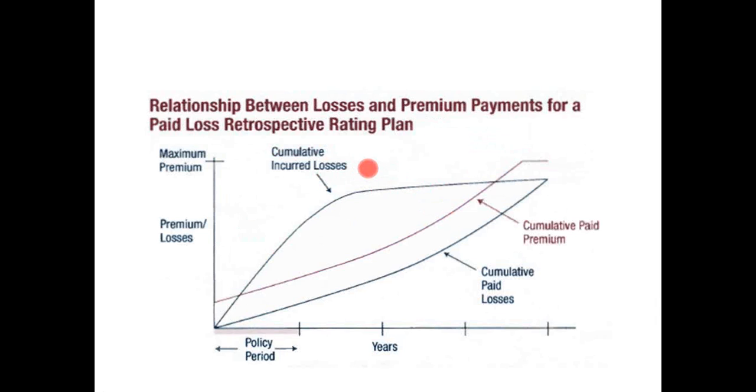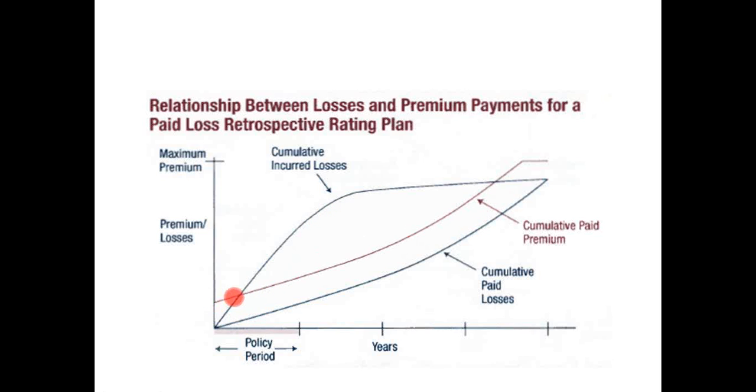Now here's one that's a paid loss program, and here it's a little different. Here is the cumulative paid losses, so this is what the insurance company pays. Now the incurred losses, this is the same chart. The reserves, with paid plus reserves, are all up here, but because I'm only paying my paid losses, you can see that this line basically stays exactly parallel with this one.